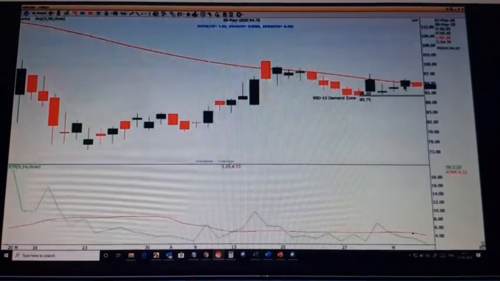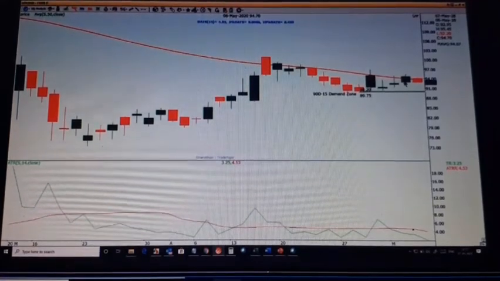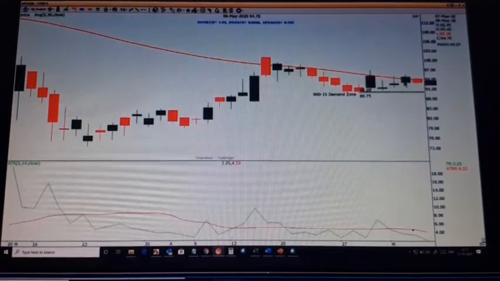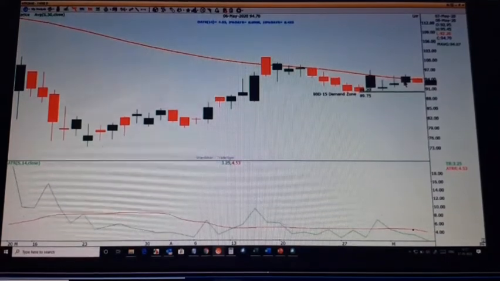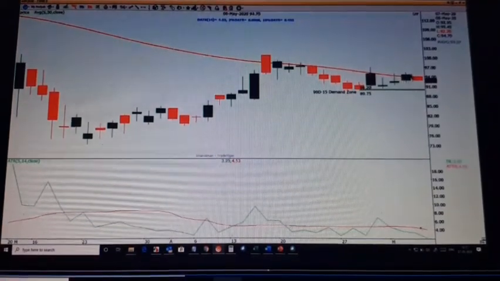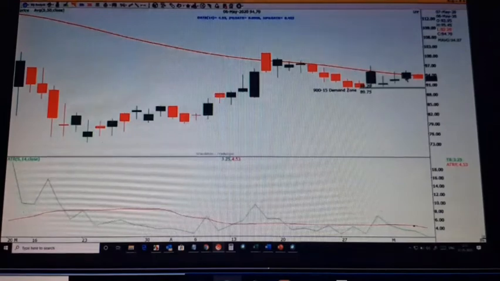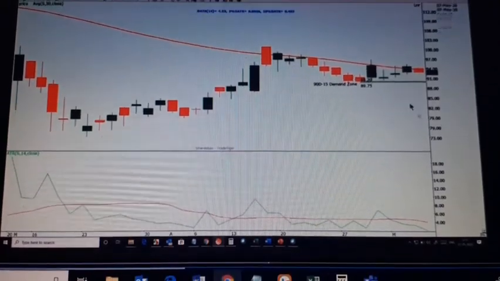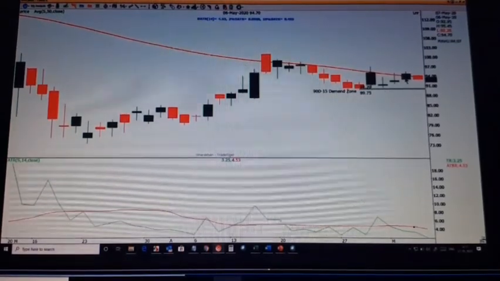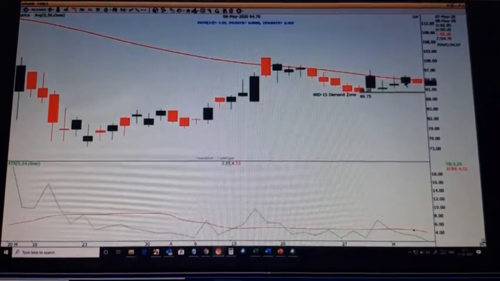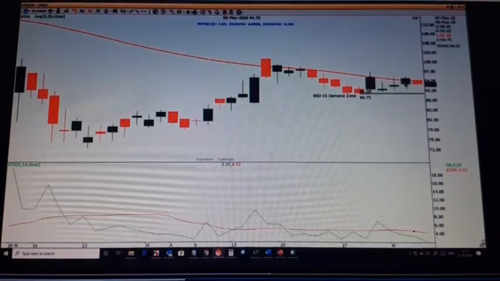So if you don't have the daily ATR tool, you have to do some hard work. You have to go to the daily chart, place your ATR over here, go to the previous candle, see the ATR value over here, 4.53, and now you have to calculate 2% manually for this.